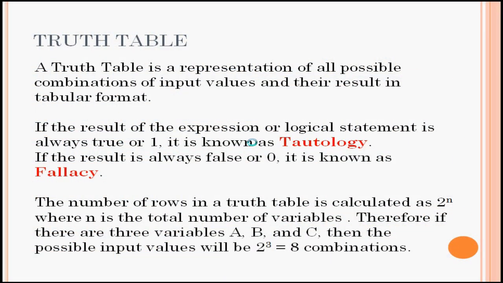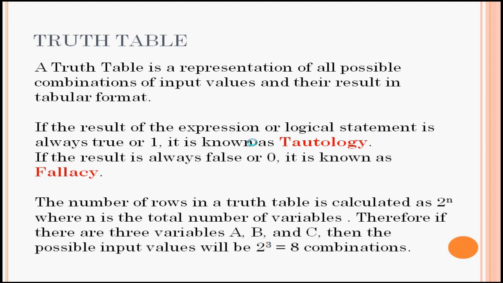A truth table is a representation of all possible combinations of input values and their result in tabular format. If the result of an expression or the logic statement is always true or 1, it is known as a tautology. If the result is always false or 0, it is known as a fallacy.